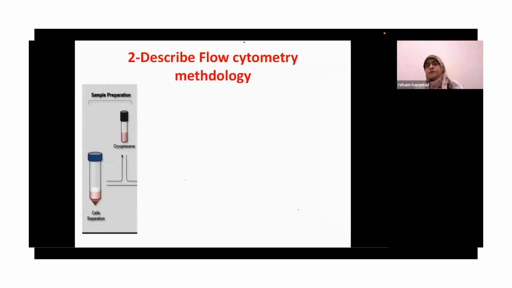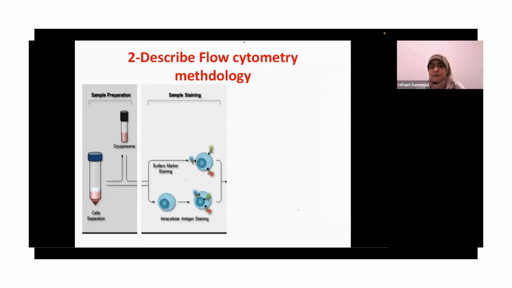Then let's start to describe the flow cytometry methodology in itself. As anything, you can expect that there is a process of sample preparation in the very first beginning, in which there is incubation of the dye that is attached to the monoclonal antibody that I have added to the sample, and then I will incubate it for a specific time. After this, when I get sure that the stain has already come, I will identify what type of cell I am dealing with.